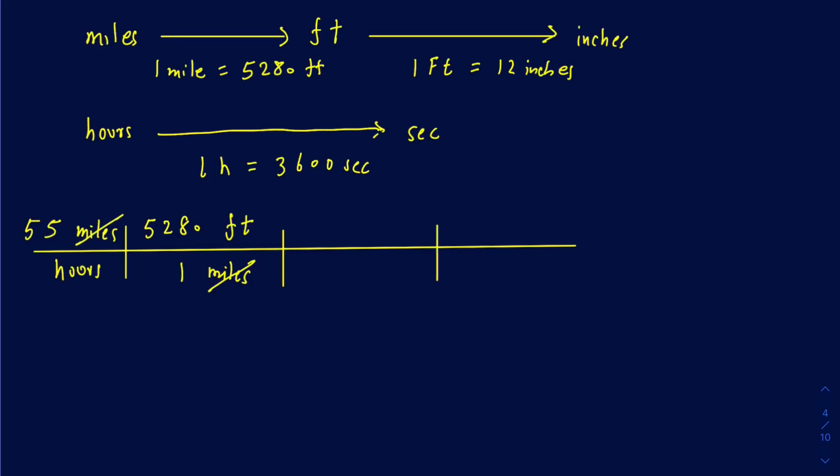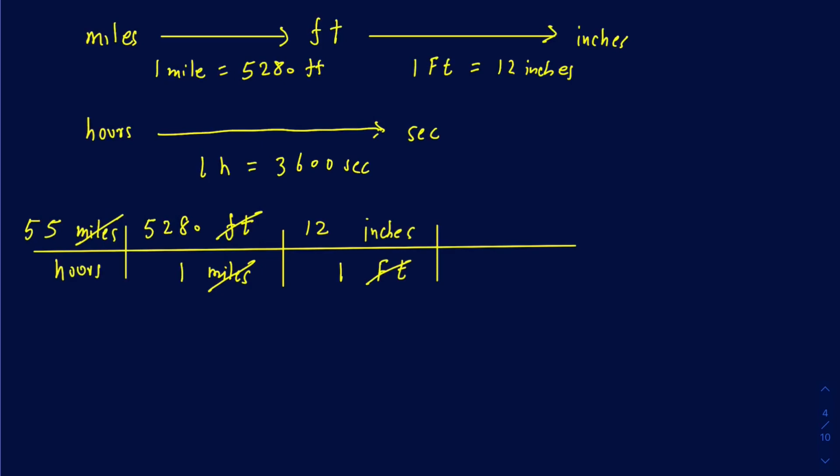And then in the second conversion factor, we want to go from feet to inches. So the foot will go in the denominator and the inches will go on the numerator. And you know 1 foot is 12 inches. By doing so, your units of feet cancel out, and now you have only inches, and that's what you're really looking for. You want to have inches on the top, and now you can focus on changing the hours into seconds.